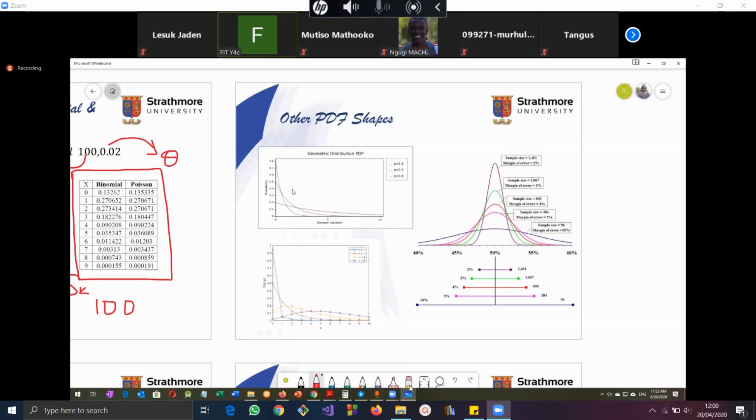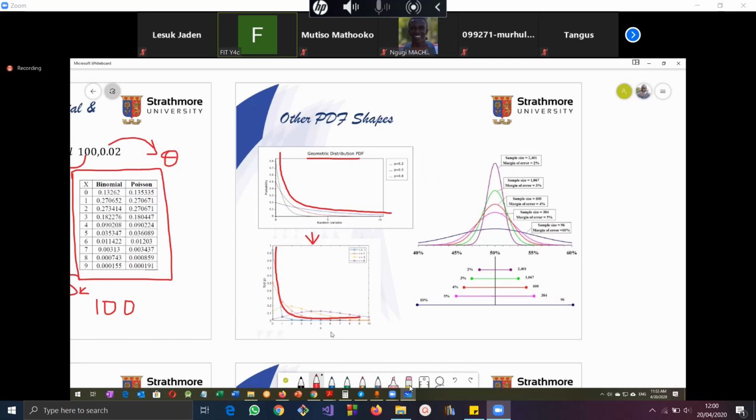This is the geometric distribution. You see the way of different values. The geometric distribution always looks like this. It has a sister called the negative binomial distribution. You can see they are sharing the same shape. The negative binomial distribution is the general form of the geometric distribution.